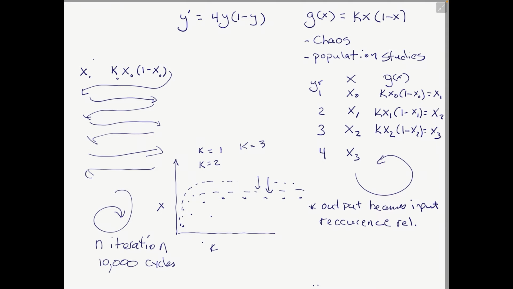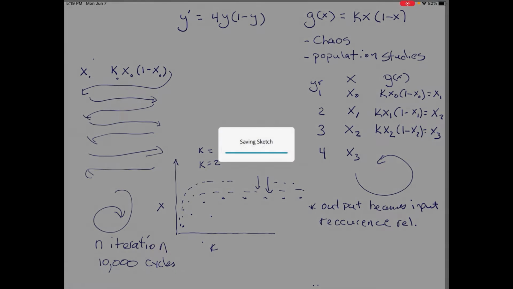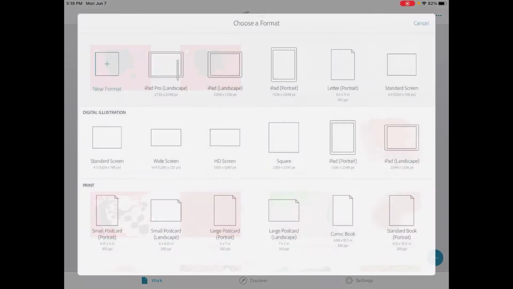Well, if you continue to vary k, you begin to get what they call a bifurcation diagram.